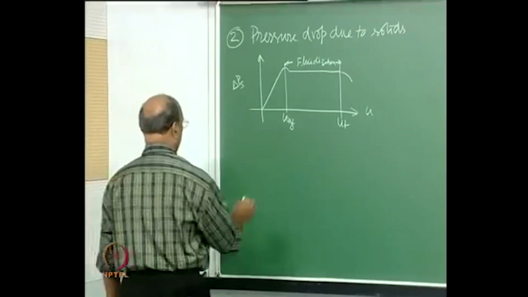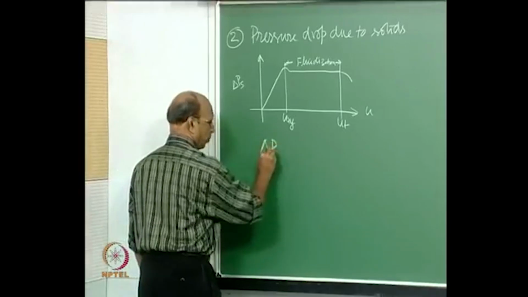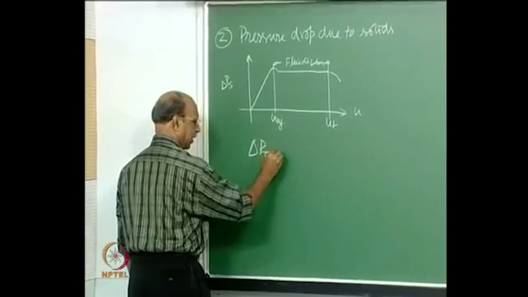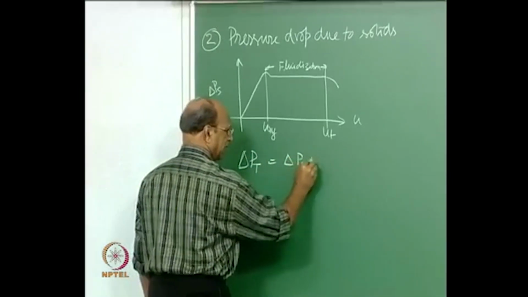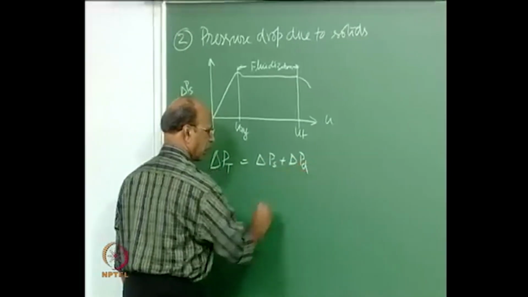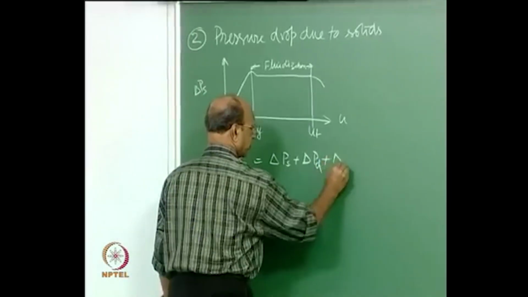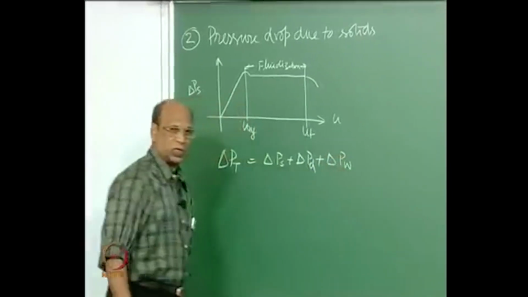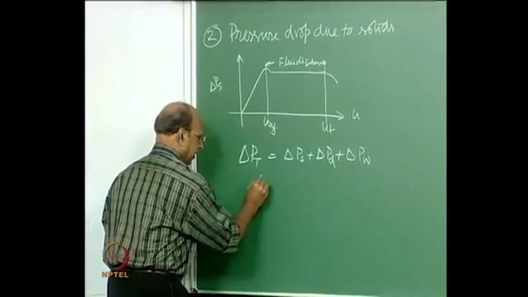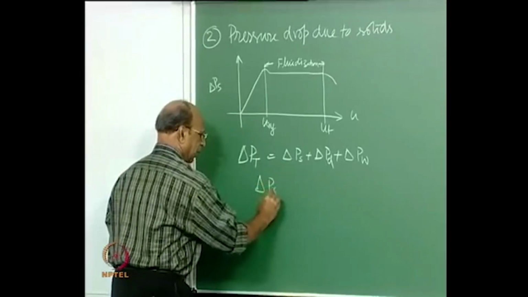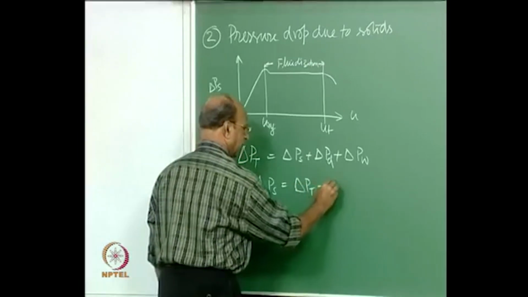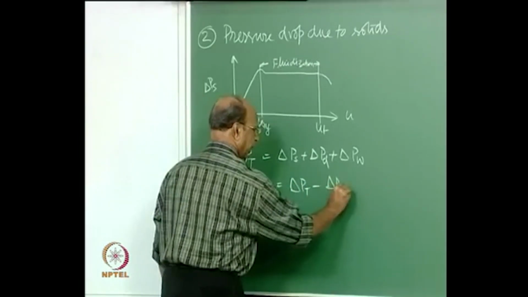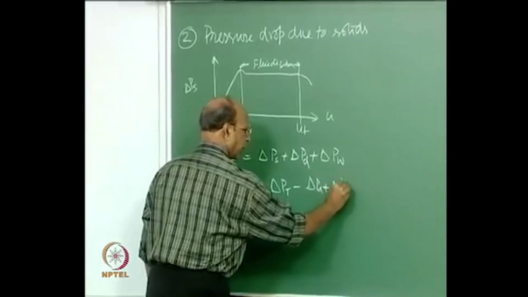So, the total pressure drop which you measure directly from the manometer is delta P T equal to delta P S plus delta P D plus walls. Usually walls are neglected, but anyway we will keep that. Delta P S equals delta P T minus delta P D plus delta P W.